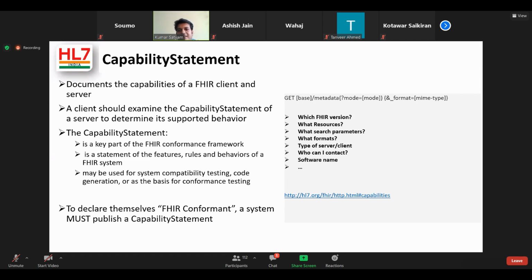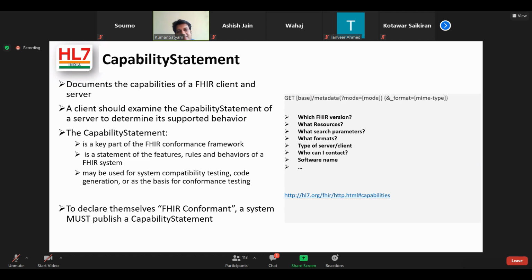So capability statement comes in handy, and this is one of the services that each and every FHIR server needs to support, right? FHIR servers must support a capability statement generation service. What it does is it tells what your FHIR server or client supports. That's the basic intent of a capability statement.